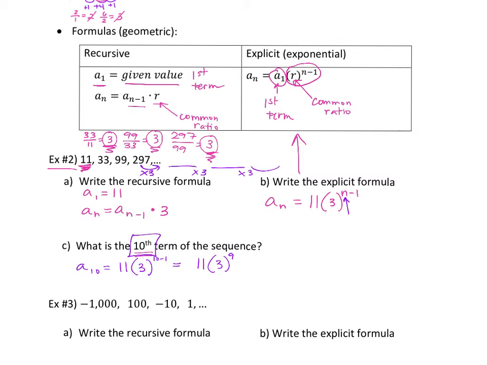Okay, make sure you don't do 11 times 3, 33, and take that to the 9th. You want 3 to the 9th, and then you can multiply by 11. So we get the 10th term here, when you plug that into your calculator, comes out to 216,513. Okay.